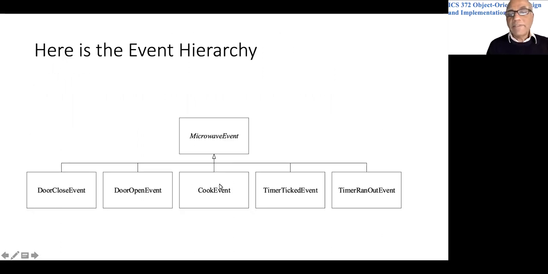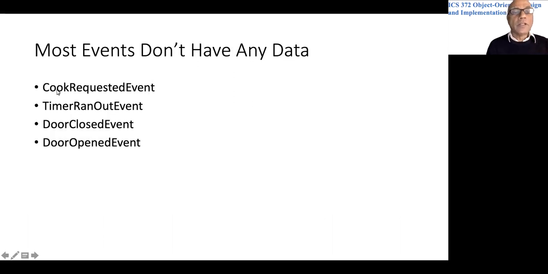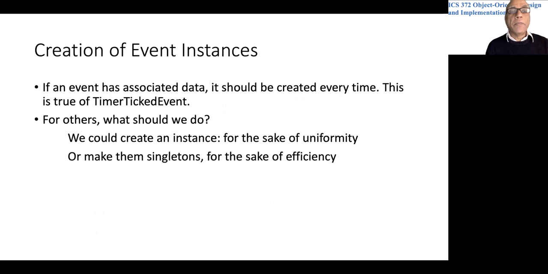So the 5 events that we have in the system can be put into a hierarchy for uniformity. So we have a superclass called microwave event, an abstract class, and 5 events subclassing that. None of these events have any data associated with them, but what should we do about the timer ticked event, which has some data?